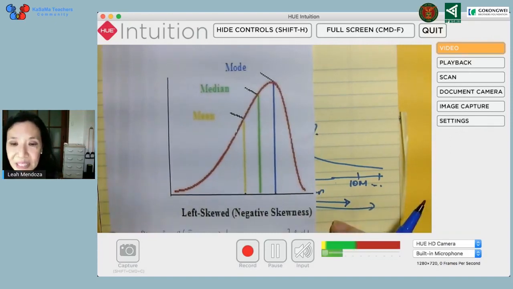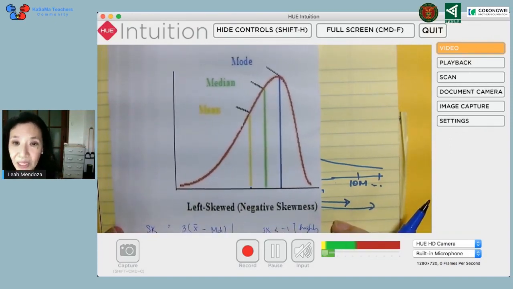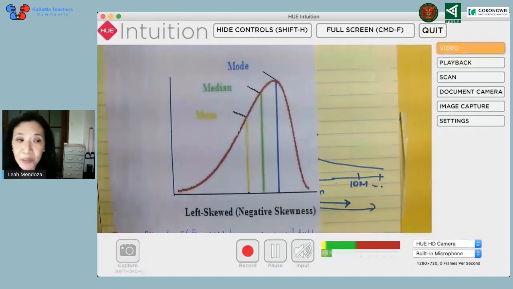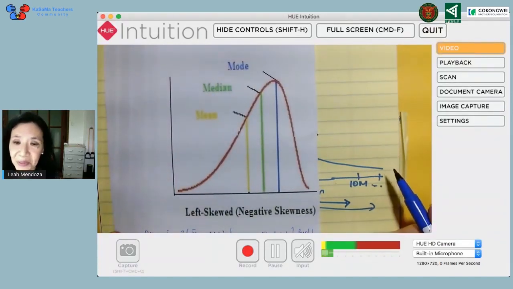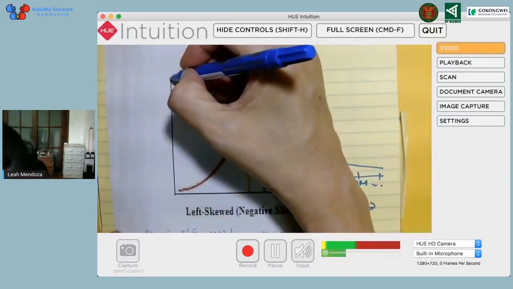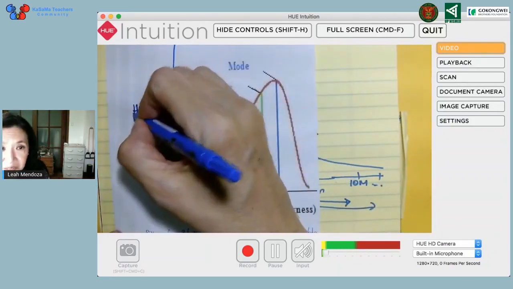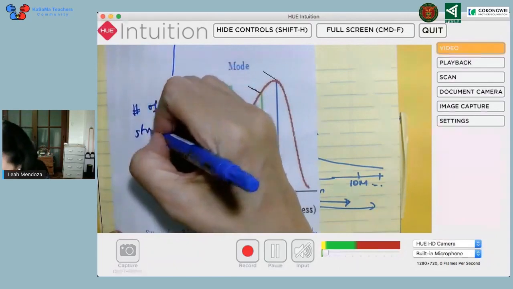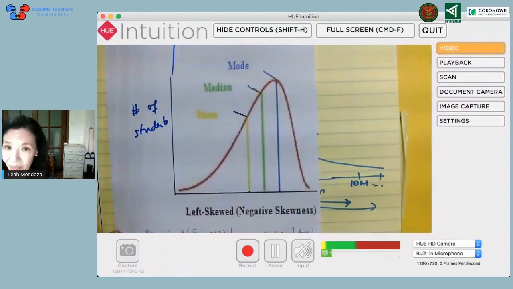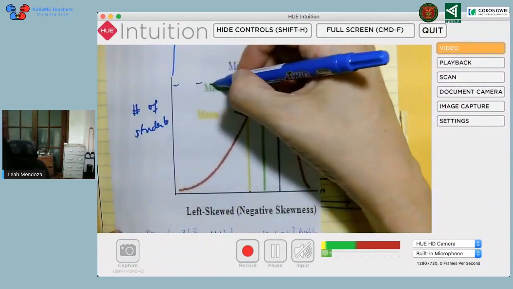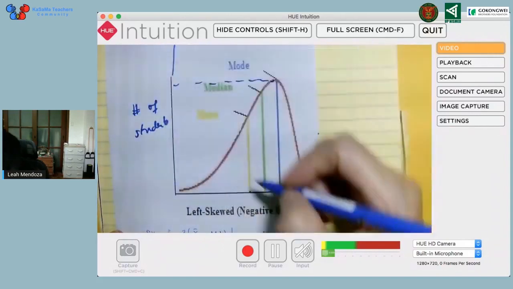So what is an example of a negatively skewed distribution? The opposite of a hard exam, an easy exam. So what happens if this is the number of students? Because it's very easy, the majority of them get maybe 90.